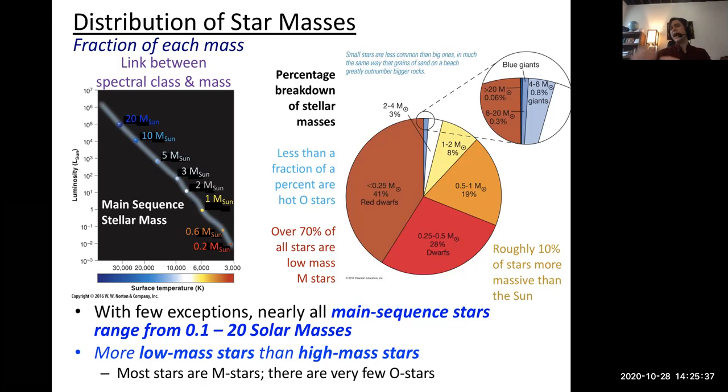So we're kind of on the high mass end of stars if you consider all the stars out there. Only 10% of stars are more massive than the sun, which means 90% are less massive than the sun. So the takeaway here, what I'd like you to remember, is that there are a lot more low mass stars than there are high mass stars. There are very few O-type stars and B-type stars. There's a whole bunch of M-type stars.